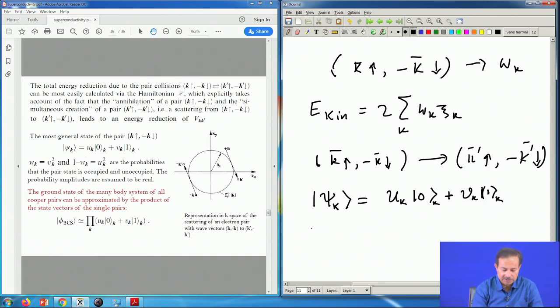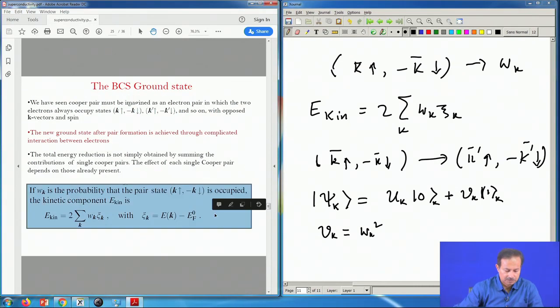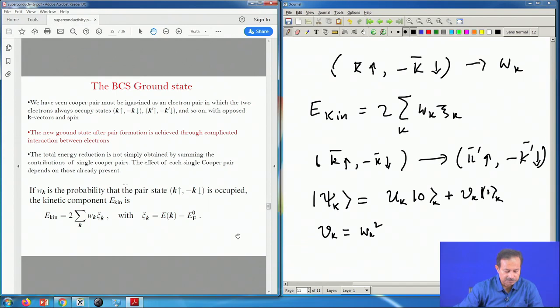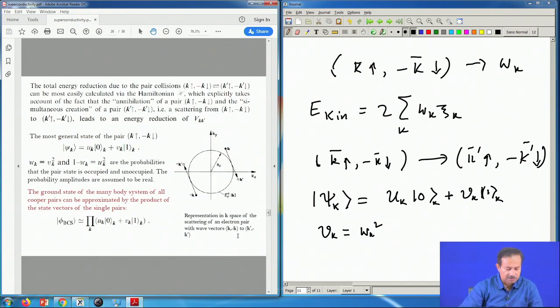0k means a state where the pair is unoccupied, 1k means a pair state where the pair is occupied, right. So, vk is the amplitude for occupying a state k up, minus k down, which is what we have written down as Wk. Sorry, Vk square is equal to the probability Wk, sorry about that, because we defined Wk as the probability.